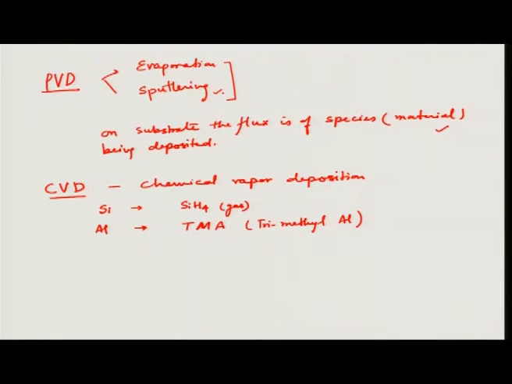Here we are using the constituent gas and we are using its pressure for the flow of gases. Now, if you recall, gas flows can be classified based on a number known as the Knudsen number.